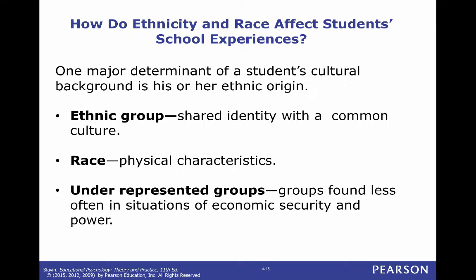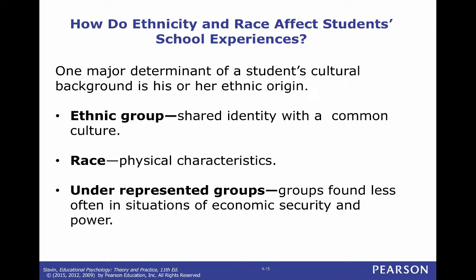One major detriment of a child's cultural background is his or her ethnic origin. So ethnic group is a shared identity with a common culture, and a race is your physical characteristic. So you can be of the same race, but you aren't necessarily of the same ethnic group. So let's say, for instance, you can be African American, but have lived here for 3 generations.